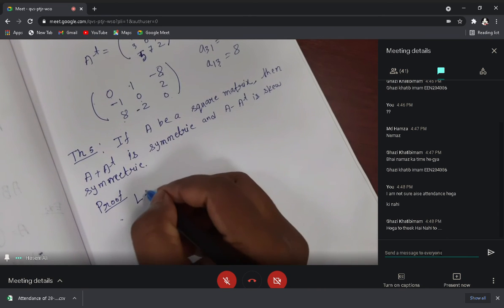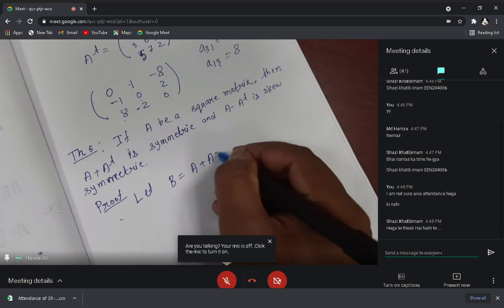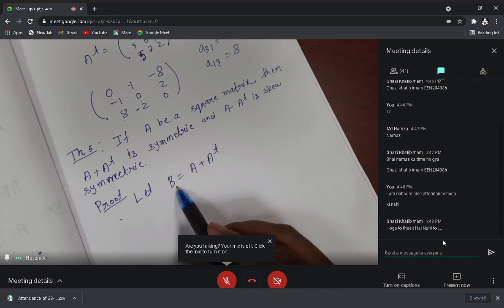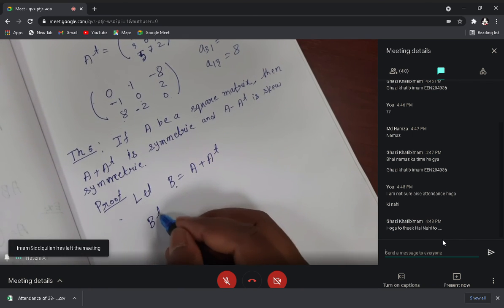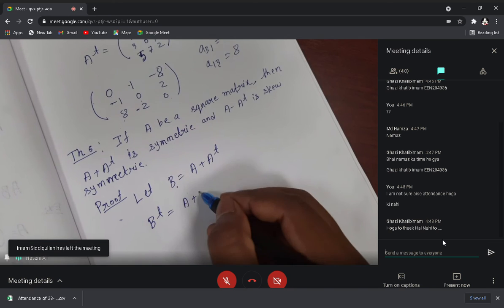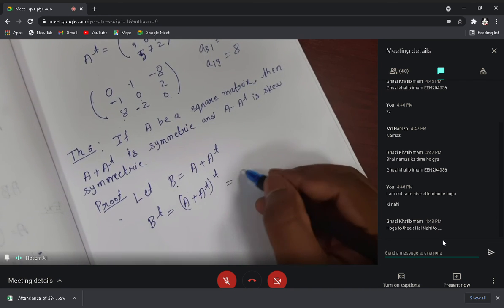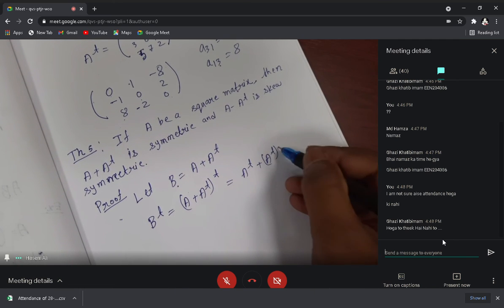Let B equals A plus A transpose. So we have to prove that B is a symmetric matrix. First calculate B transpose. B transpose means A plus A transpose, whole transpose. This equals A transpose plus A transpose whole transpose.